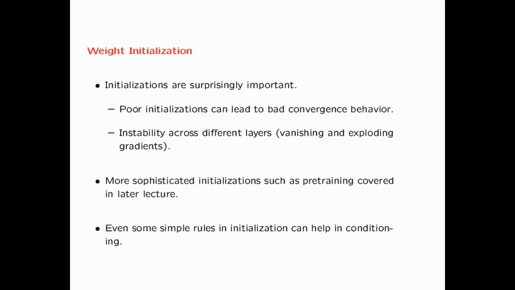This leads to a problem called the vanishing or the exploding gradient problem. There are more sophisticated initializations to deal with this issue, and these sophisticated initialization techniques like pre-training are covered in a later lecture. However, even if you don't use these sophisticated pre-training methods, even some simple rules for initialization can help in conditioning.